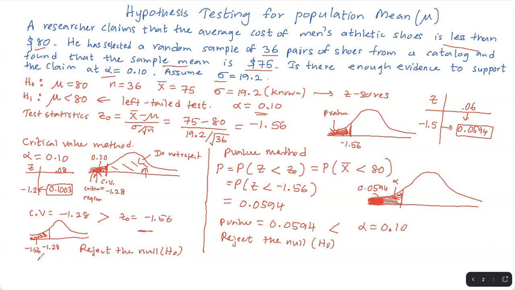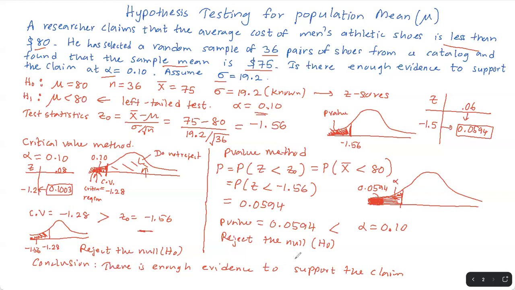So then let's write the conclusion. In both methods, we reject the null. So the conclusion is there is enough evidence to support the claim. The claim is in the alternative hypothesis.